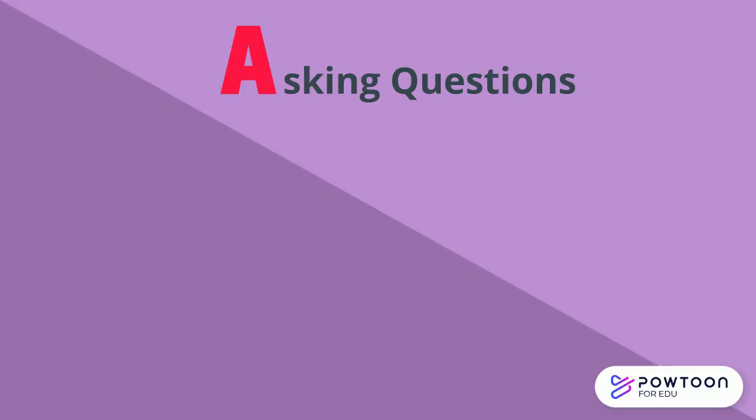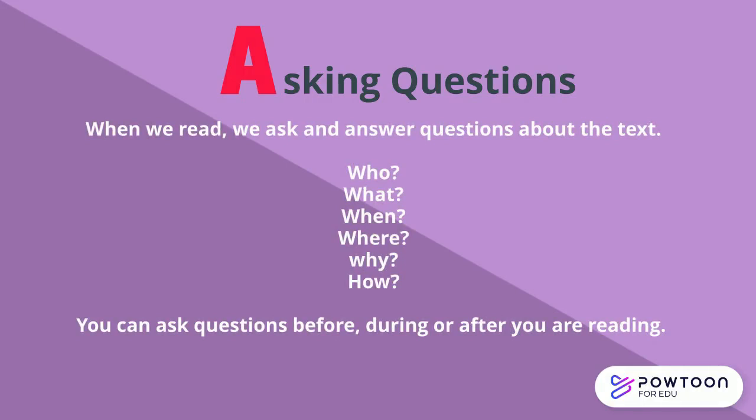The first letter of active is A. It stands for asking questions. When we read, we ask questions and we answer them as we read more of the text. Questions usually start with who, what, when, where, why, and how. There are 2 types of questions, thick and thin questions.